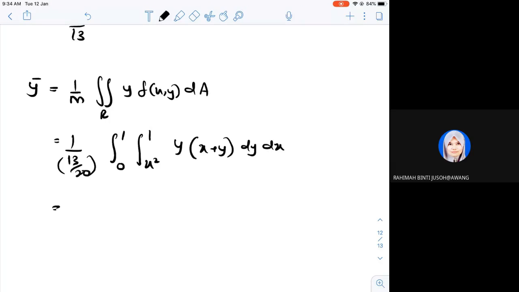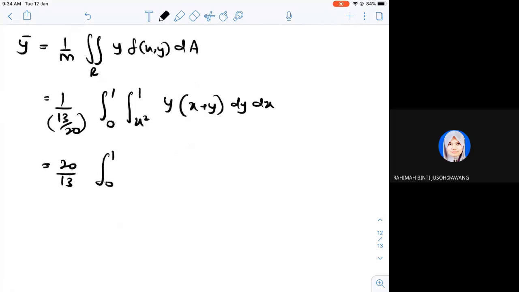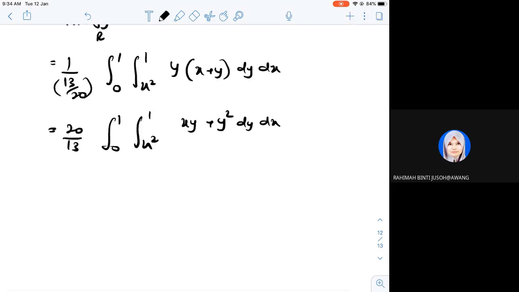So we will have 20 over 13, integral from 0 to 1, yx. Wait, let me expand first. So it becomes xy plus y squared, dy dx. Okay, now we integrate: xy squared over 2 plus y cubed over 3.